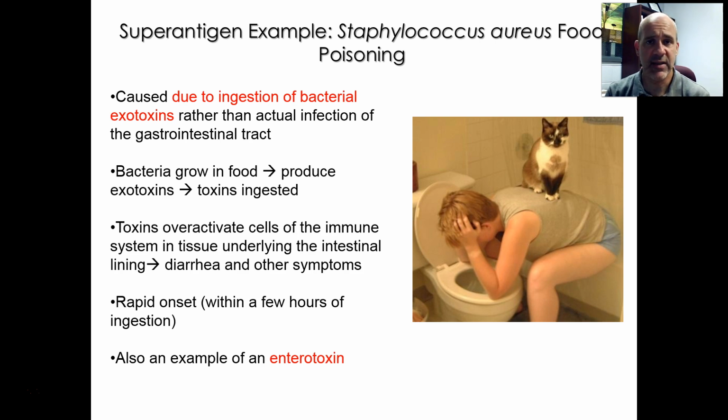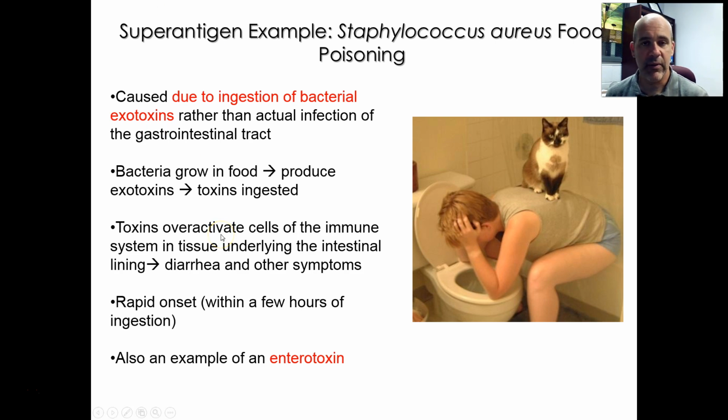But that's a type of food poisoning that's very quick. And a lot of times that is caused by Staphylococcus aureus exotoxin because it is a superantigen. And so what happens is the Staphylococcus aureus bacteria grow in food. So some food that you ate, like maybe you were at a picnic and there was some food sitting out in the warm sun, these Staph aureus bacteria reproducing and secreting this exotoxin. So the exotoxin is in your food.